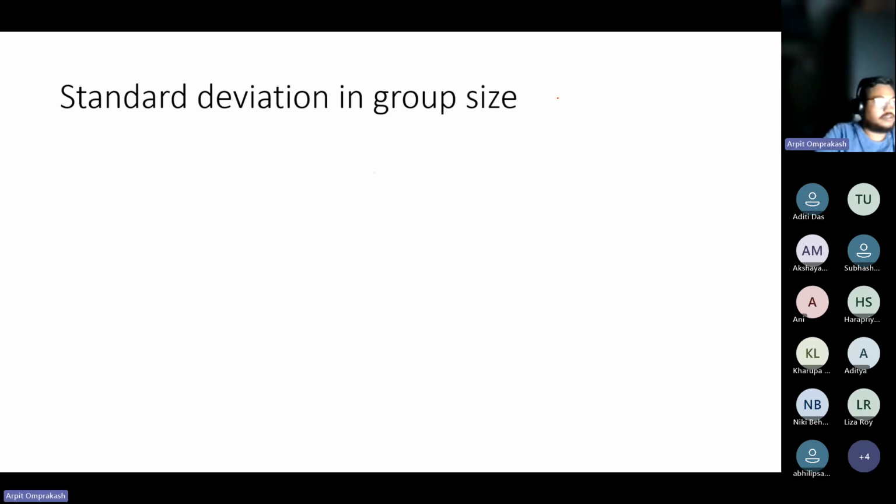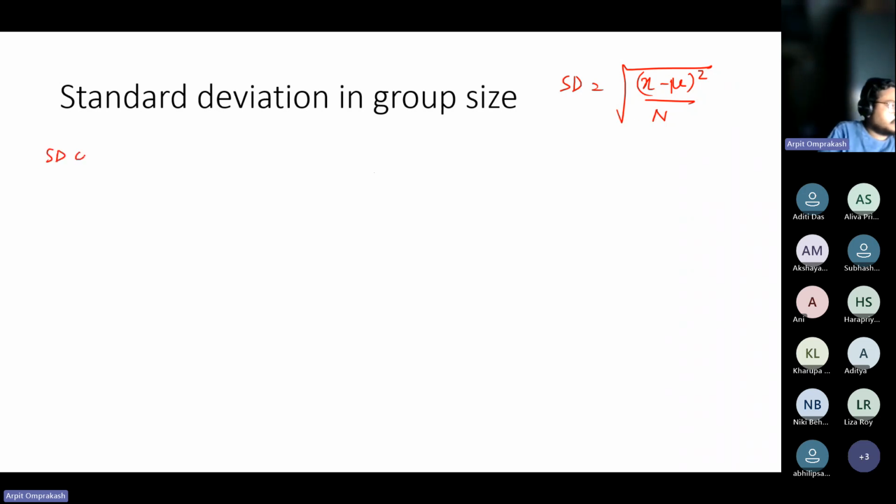The standard deviation is given by the square root of the sum of (x minus mu) whole squared, divided by n, where x is each individual observation and mu is the mean. We are taking the square, dividing it by n, which is the total number of observations or samples, and taking the root.